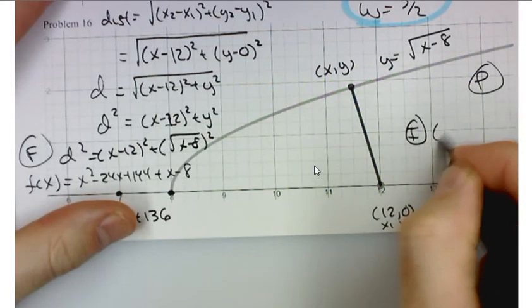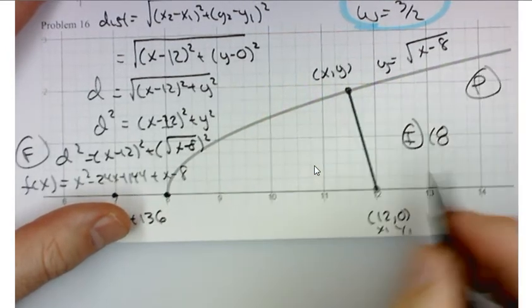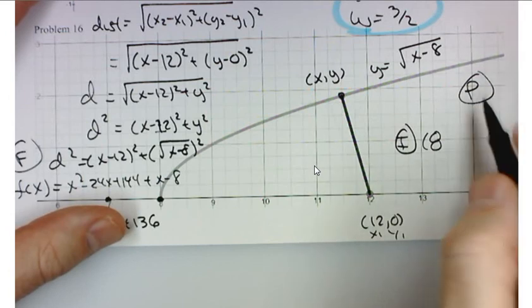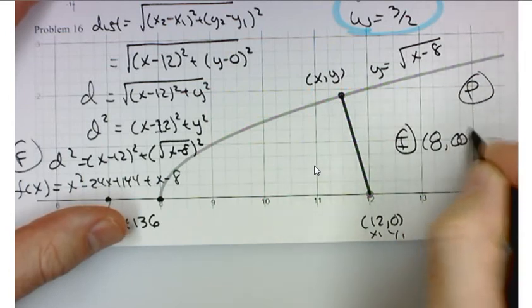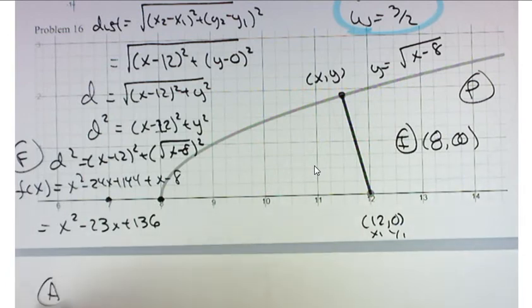So 8, and then there's really no limit here, although I don't suspect it's really going to be much past 12 or 13 at all. But 8 to infinity. That's our interval. Picture, function, interval, analysis.